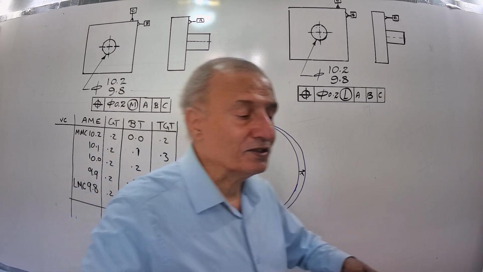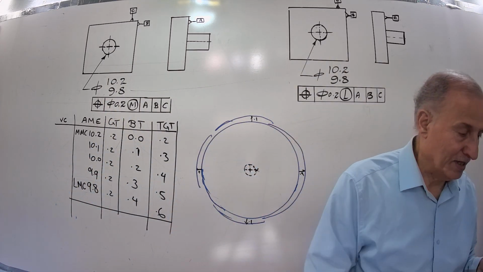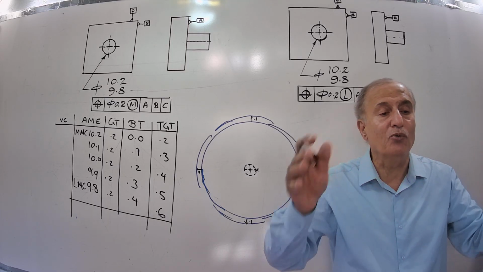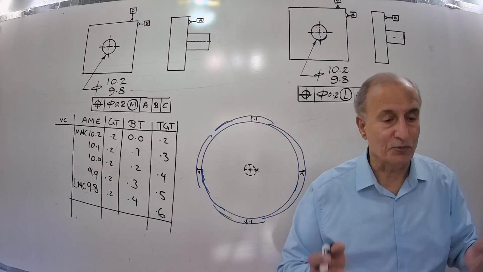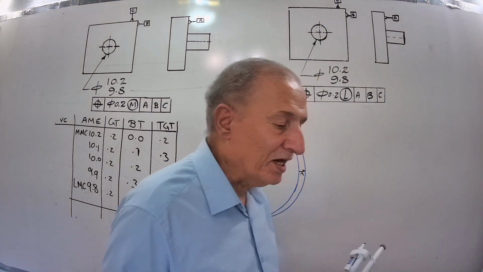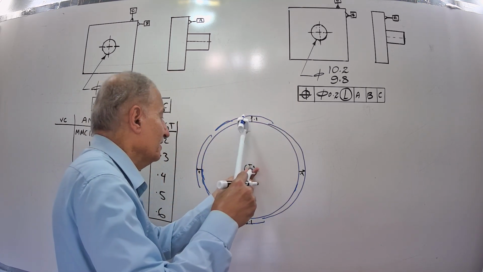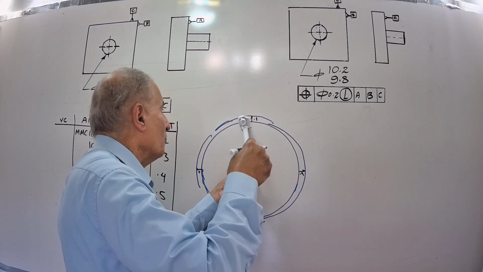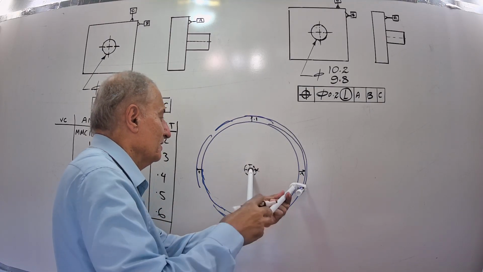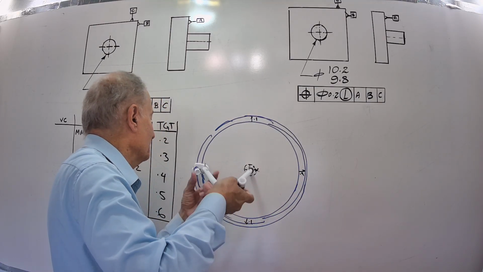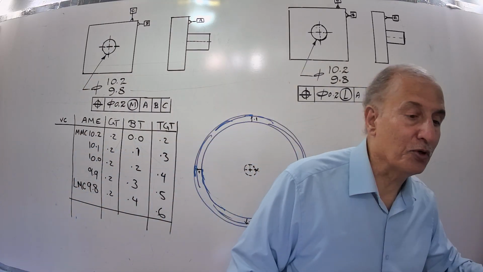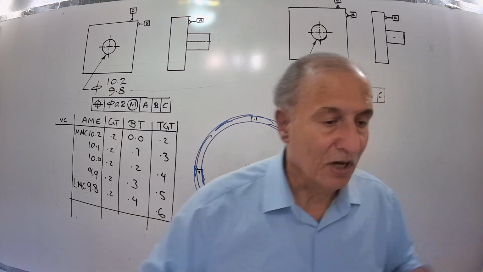Then, if you consider the smallest circle that can circumscribe all these circles, it means the envelope size of the shaft is actually a circle with 10.2 plus 0.2, 0.1 from other sides.